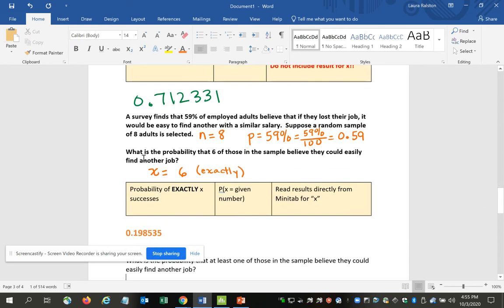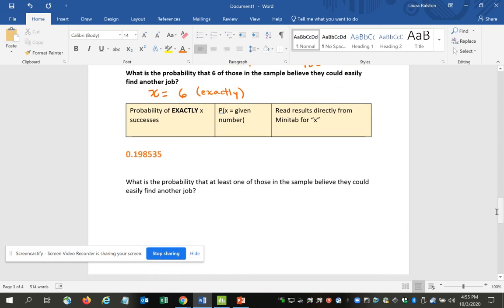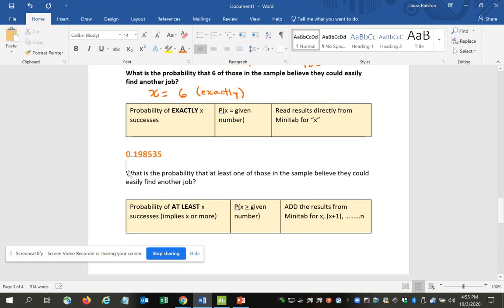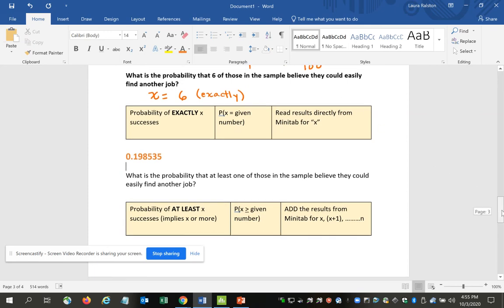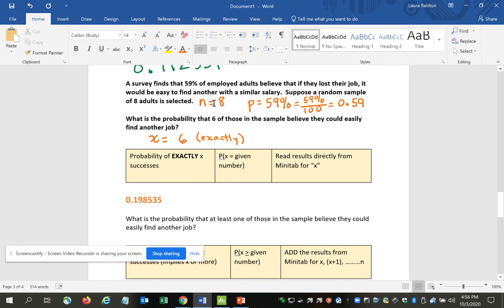All right, using this same scenario about the survey of adults, the next question says, what is the probability at least one in the sample believe they could find another job? So in this scenario, we still have the 8 adults.